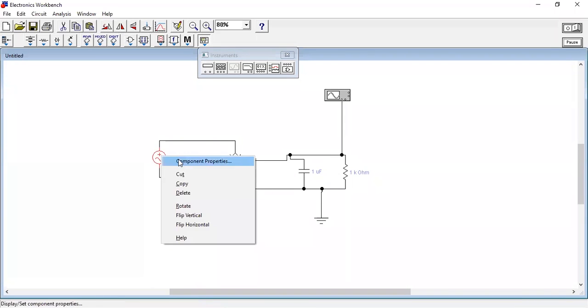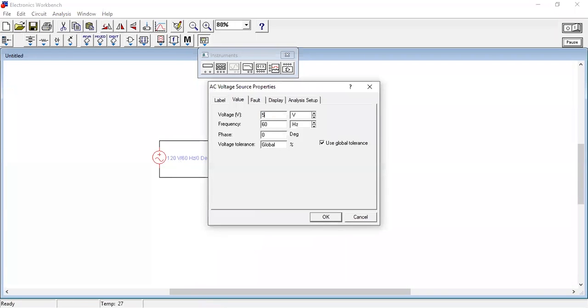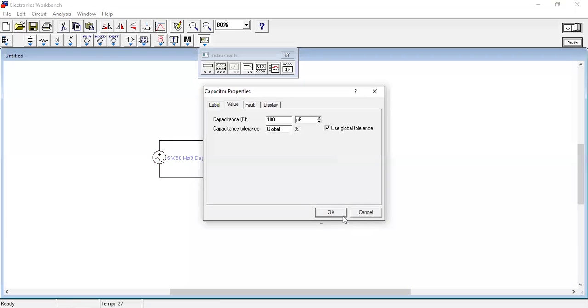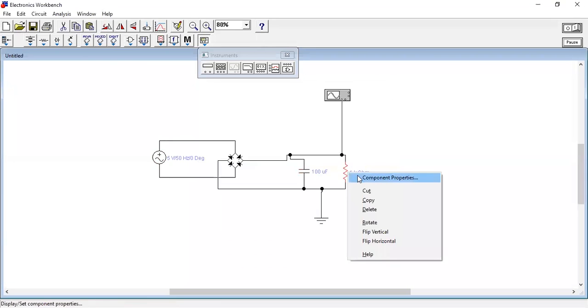And now we can double click the CRO. Okay, this is the screen after the CRO.